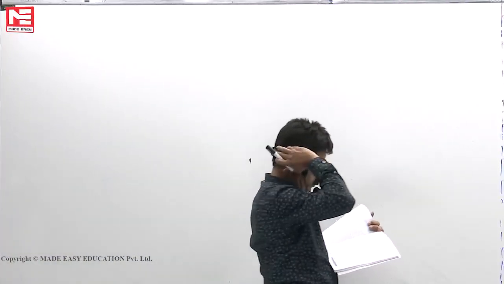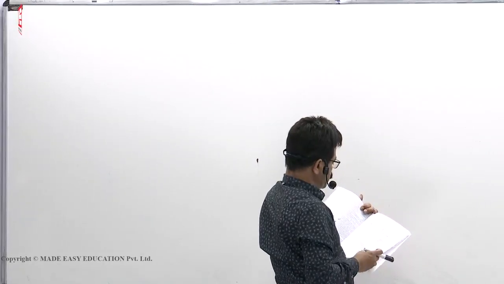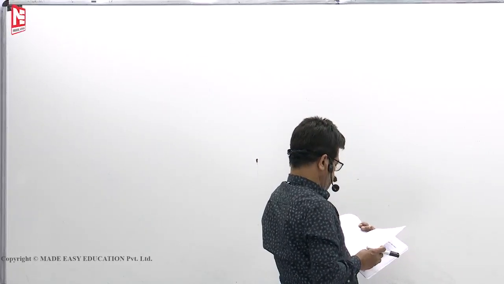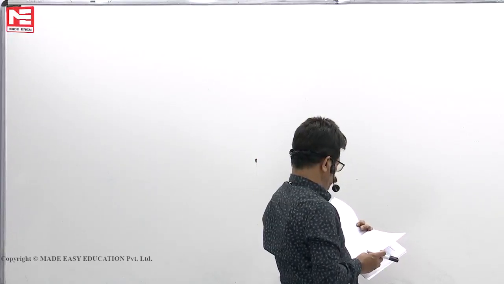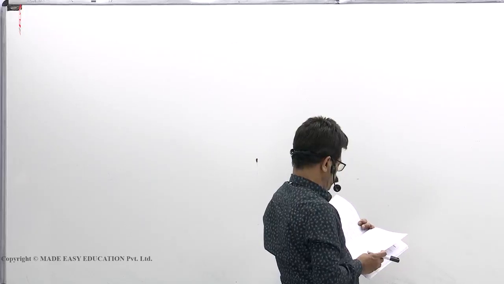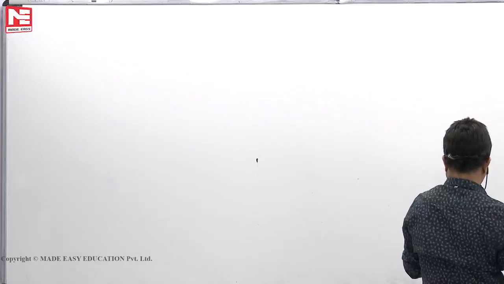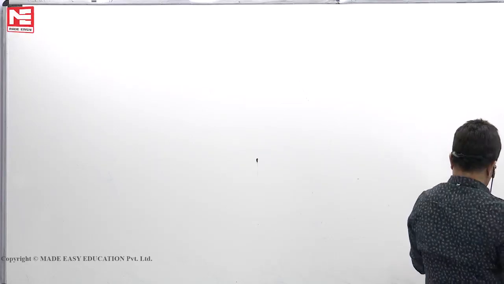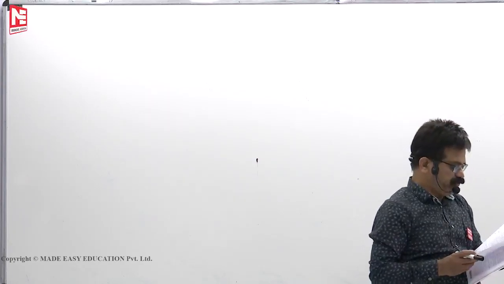Then 24EI by L cube, minus was missing. Here they didn't give any minus symbol. They have to give us 24, 12, 12, 11.